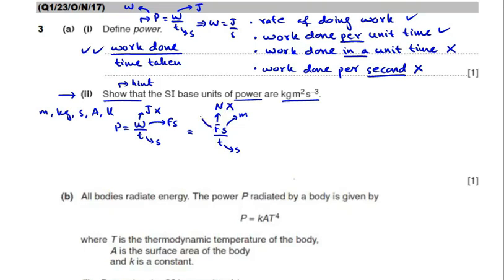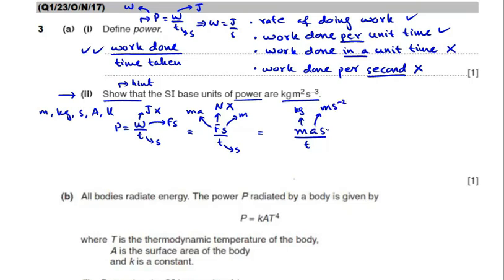We know that force F is equal to ma, where m is mass and a is acceleration. Let's now replace F by its expression and obtain another new expression for power, which is mas over T. The SI unit of mass is kilogram, which is also an SI base unit. The SI unit of acceleration is meter per second squared, where meter and second are both SI base units.